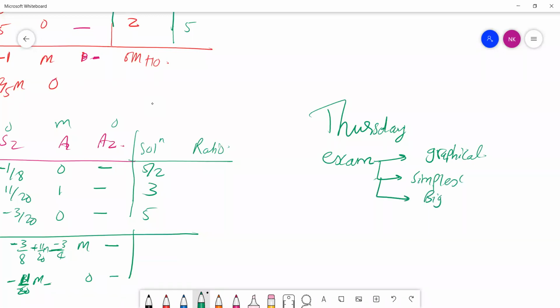So in simplex, I would be including the BigM also, but still I've mentioned it. So we'll be having the exam on the graphical method, simplex method, and BigM method. I will be asking one question for each of these methods, and you need to complete it in 1 hour. Please take a note of this thing. On the next Thursday, I will be having this particular exam, the class test.